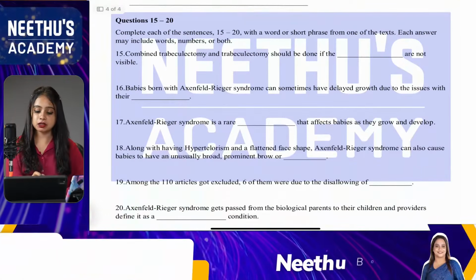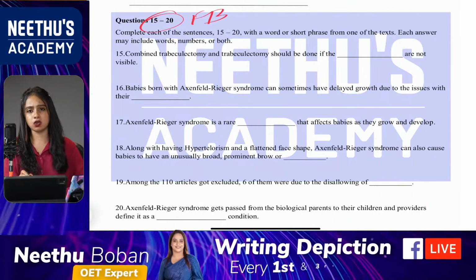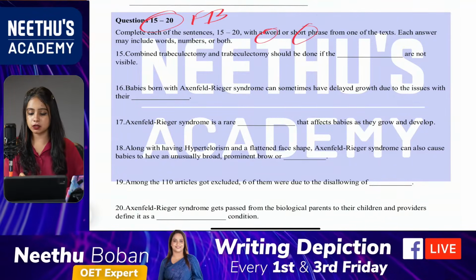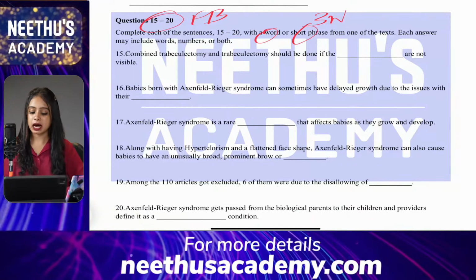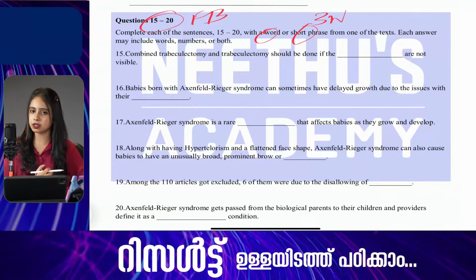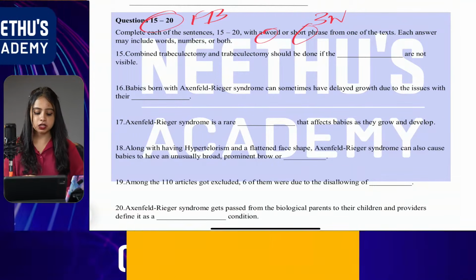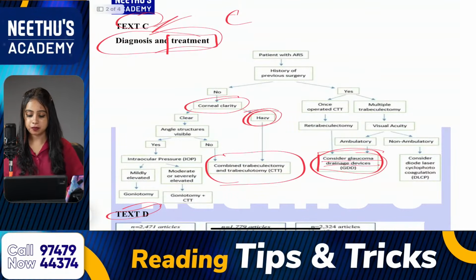So now we are moving to 15 to 20, which are fill in the blanks. You can write a word or a short phrase, which means maximum 3 words. First one, combined trabeculectomy and trabeculotomy should be done if the dash are not visible. If the what is not visible, it is again those words mentioned here.